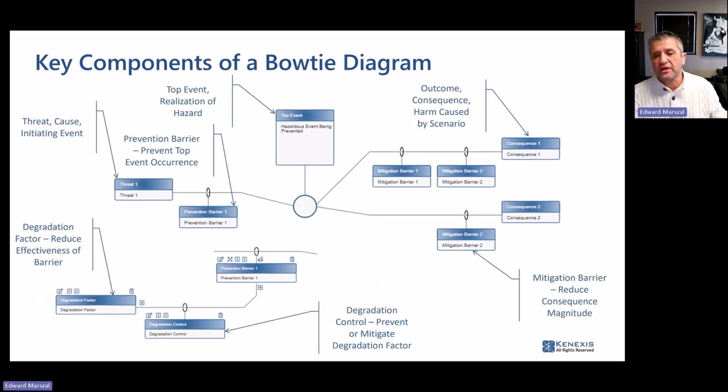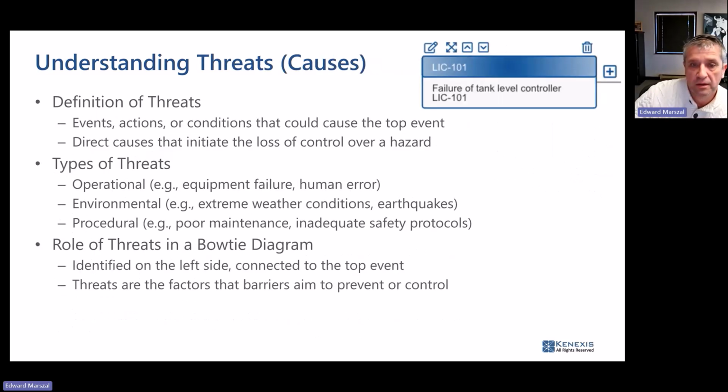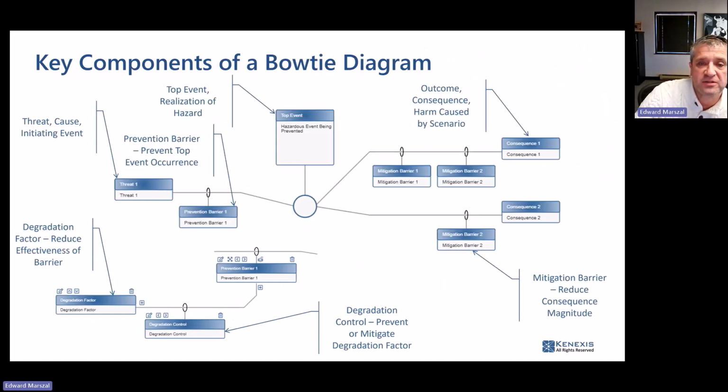All right, so the key components of the bowtie diagram are shown on this figure here. I am not going to belabor this too much on this screen because we're going to do a deep dive into all these components. But basically, we have the bowtie knot, which is the top event.